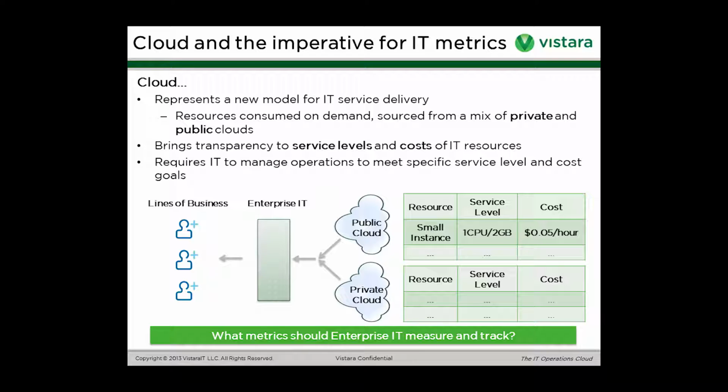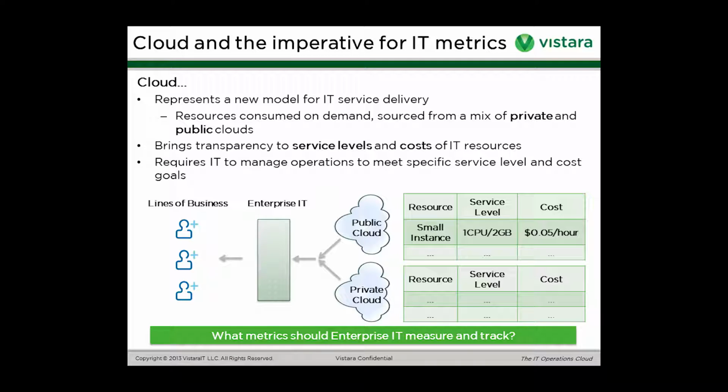So those are service level metrics, and they're really more externally customer facing metrics. And then on the other side, you've got what we call service delivery metrics, which are more focused on how effectively and how efficiently IT is delivering the services to those service levels. So there's more, are you resolving problems on time? Are you responding in time to issues and incidents?